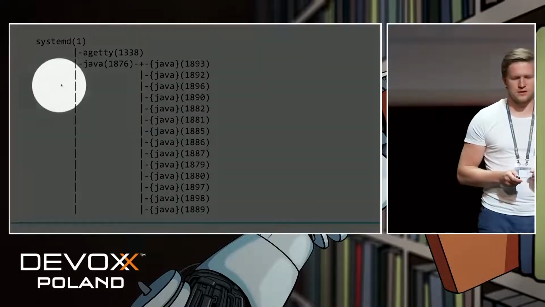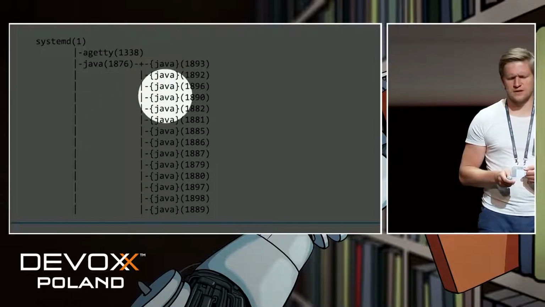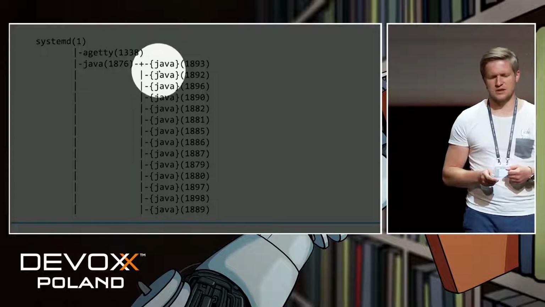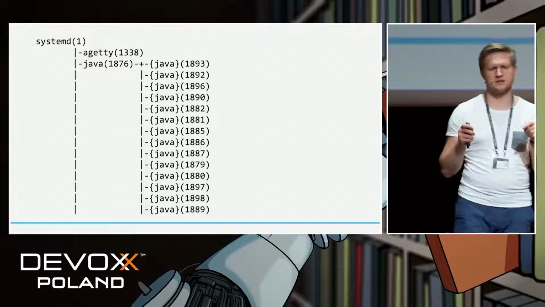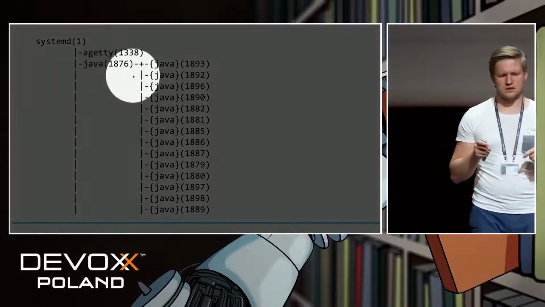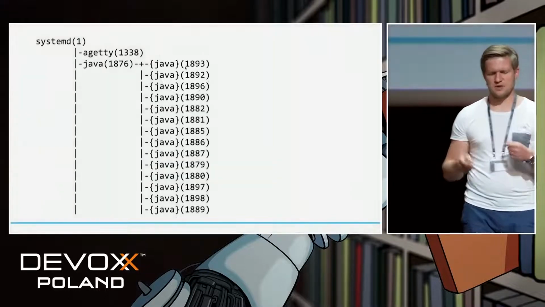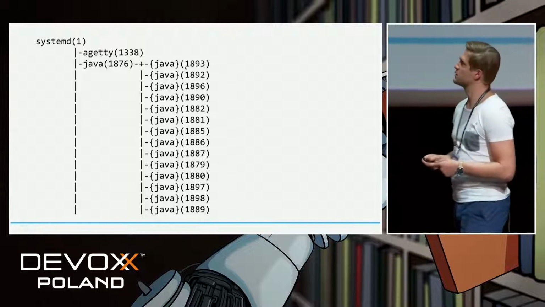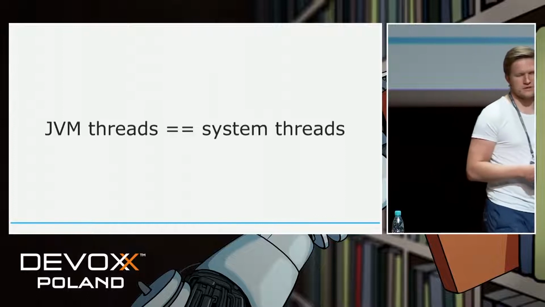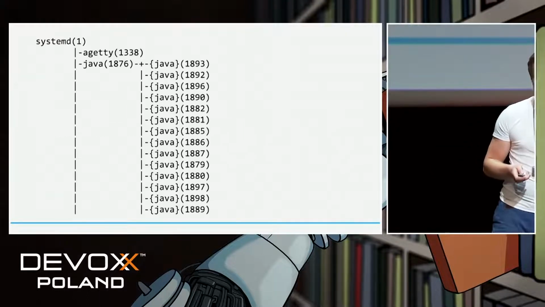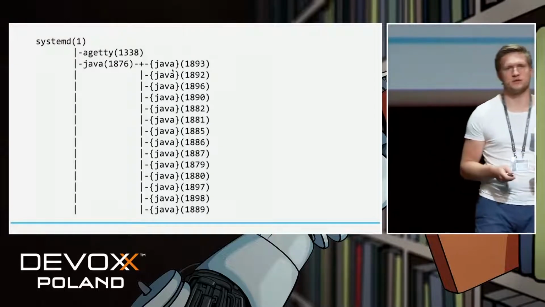You can see the same Java process here, but then there are some weird things next to it, like a new branch, and they look different because their names are in curly braces. You can see that the numbers are still in the same number space, but they are a bit different. What are those? Well, it turns out that JVM threads are actually system threads. So what we can see here are threads that our Java process has spawned.